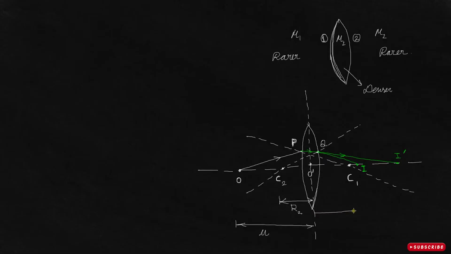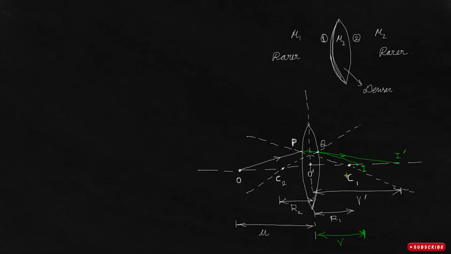And for the first surface, its radius of curvature is R1, that is the distance between O dash and C1. And this distance, let me take as V dash. That is the image formed for the first surface. And the final image is formed at a distance V from the optic center. So O dash I is V. Clear?